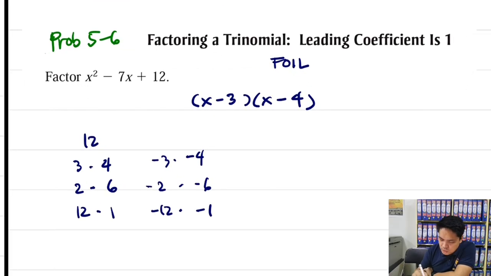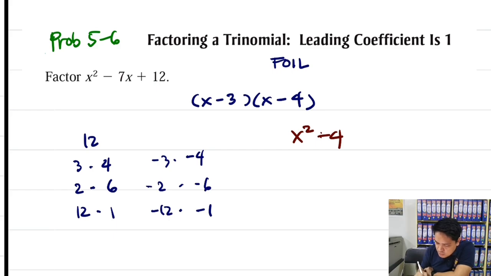Okay, so if you check that, you can use FOIL again. So x times x first, x squared, plus, next is outside, x times negative 4, so that would be negative 4x.